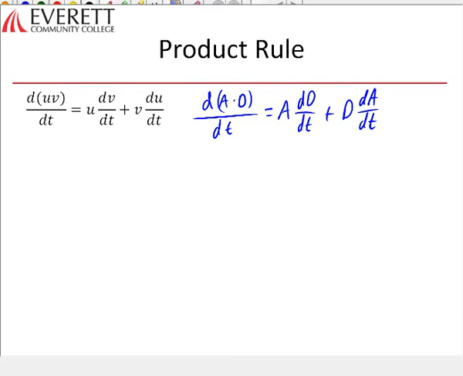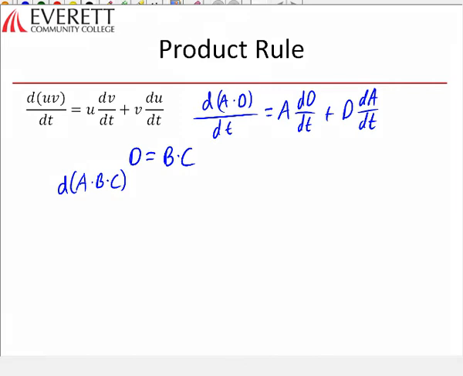So what I'm going to do is I'm just going to say, well, what if d is actually a combination of two other variables, b and c. So if d is equal to b times c, I'm just going to go ahead and substitute that into our equation. Now we have the derivative of a times b times c.